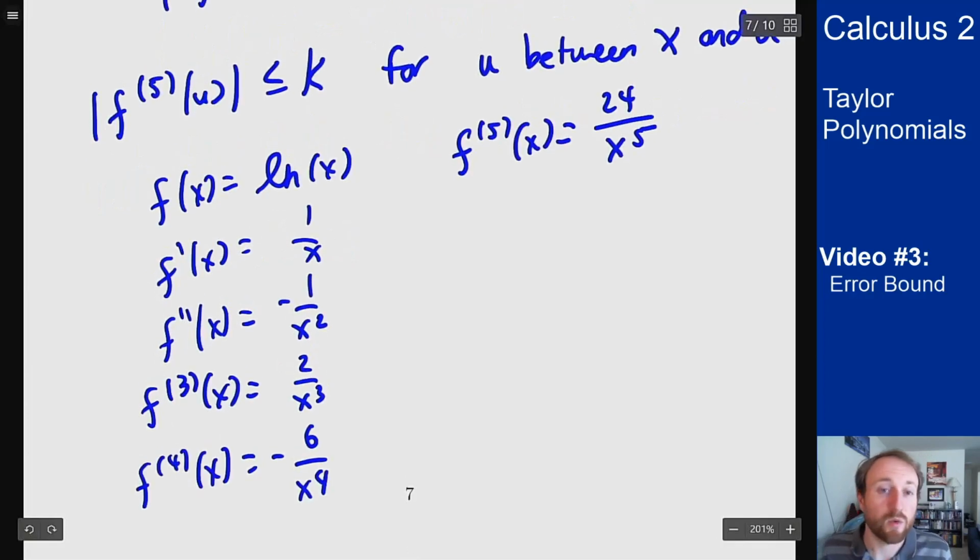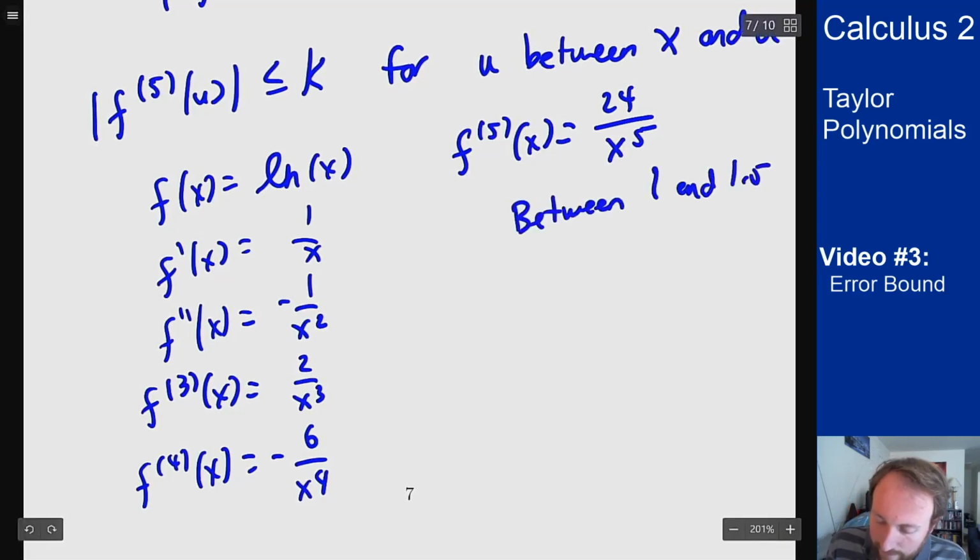And we get the 5th derivative is 24 over x to the 5th. Now I need to find something that is bigger than this function between 1 and 1.5. Based on this function, because it's a 1 over power of x, it's going to be biggest at 1 because it decreases once I get beyond 1.